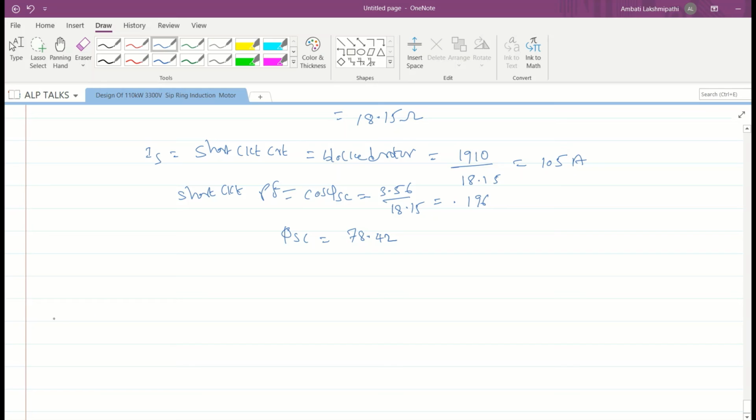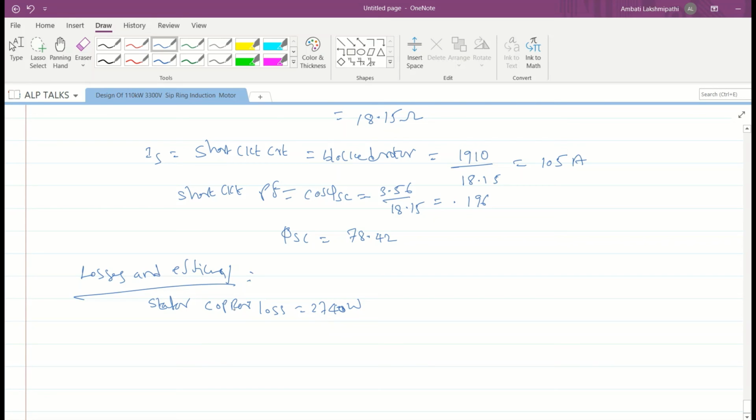So now let's calculate losses and efficiency. There are many losses in the machine. Finally, let's calculate how efficient the machine is. We have stator copper loss of 2740 watts.